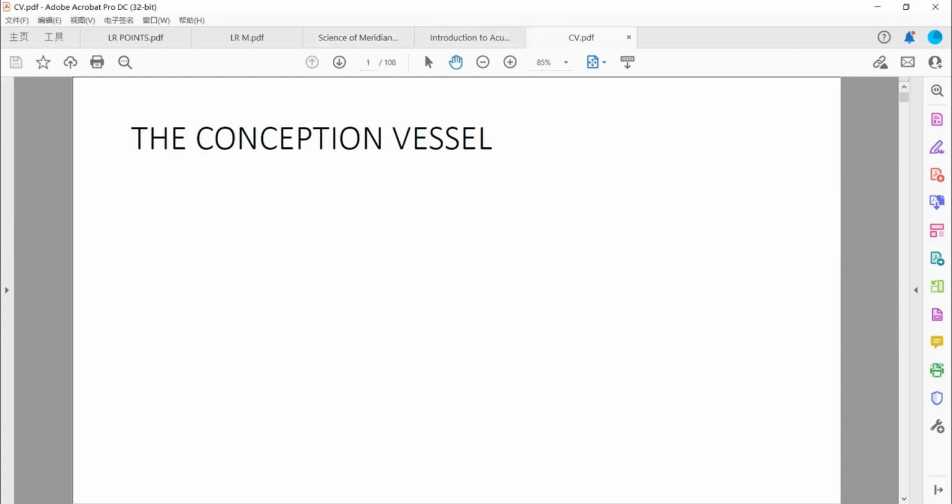First we need to take a look at the meridian.